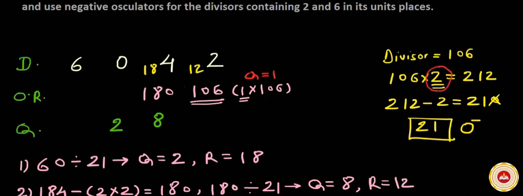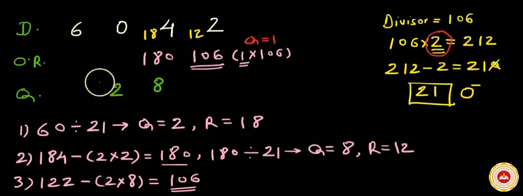So first of all, we have to multiply this quotient 28 by this 2, because this 28 is quotient for 212 and not for this 106. And we have to multiply 28 by the same appropriate multiple we used here to calculate the quotient for the divisor 106.